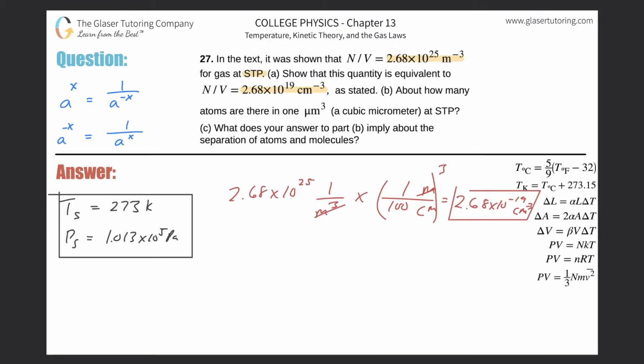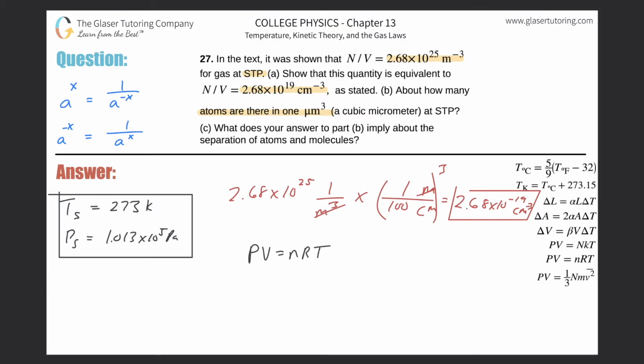Moving on. Letter B. About how many atoms are there in one cubic micrometer at STP? What we now need to do is use the ideal gas law. I created a general video on this, so please check that out for what the variables represent.